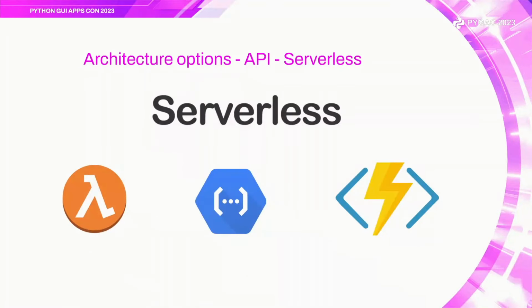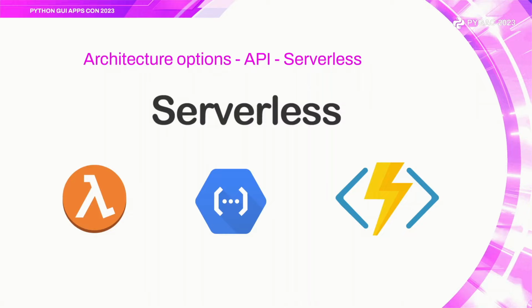Okay, and for serverless, these three cloud providers provide native support for Python, so we can write our serverless function directly in AWS, in Google Cloud Functions, or in Azure Functions. We just go to their provider console, and we can write our source code directly in the cloud.